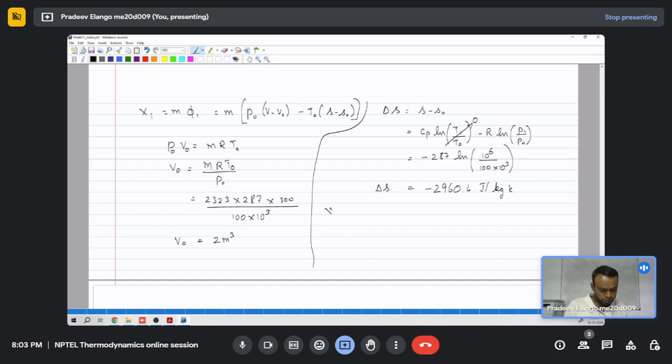So now putting in this equation, we have mass is 2322 into P naught is 2 and volume is initial volume was 200 meter cube, right? 200 minus 2 minus temperature is 300 into delta S is we can say this is positive and this is 296. Can you calculate this?